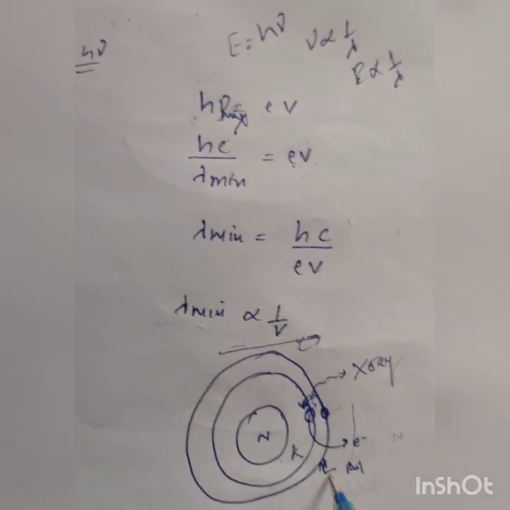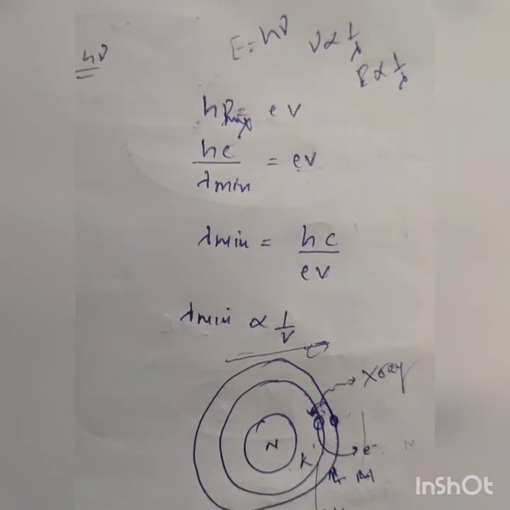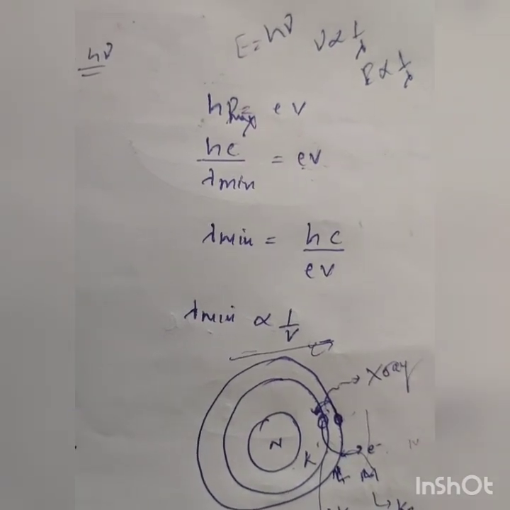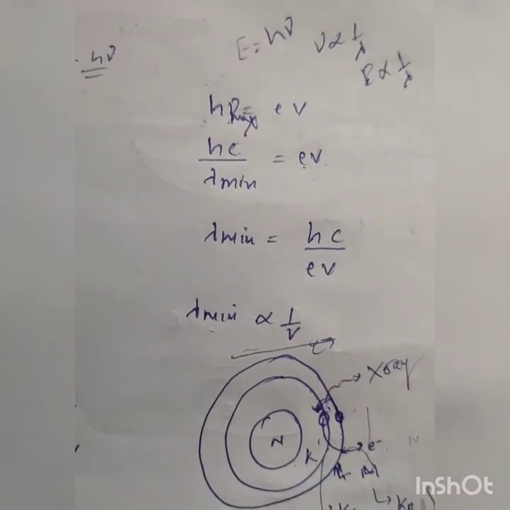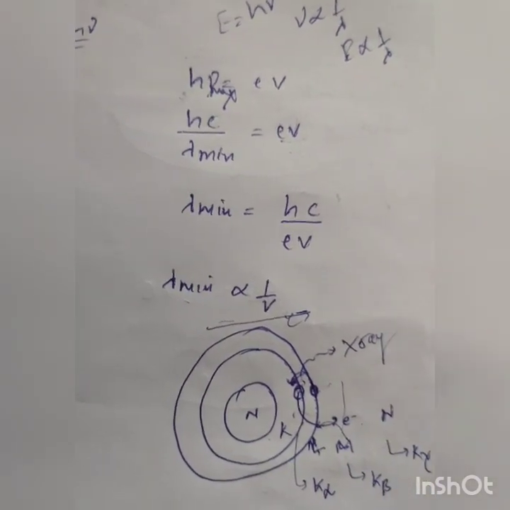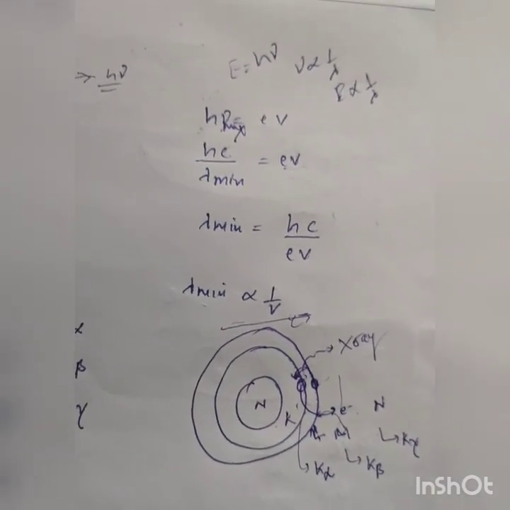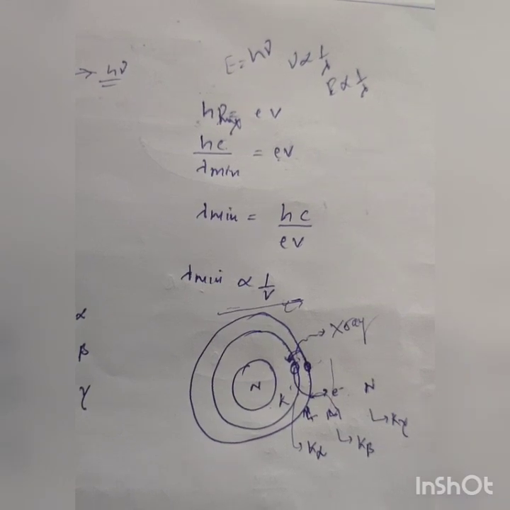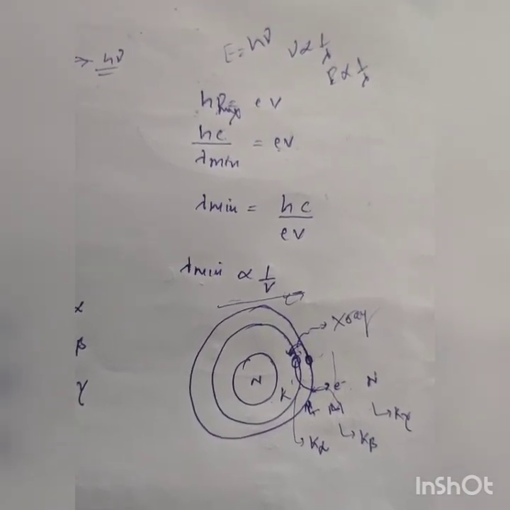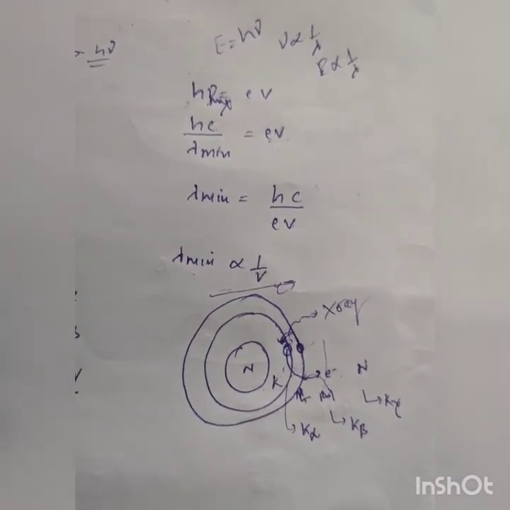When it is filled by an L shell electron, this is called K alpha. When it is filled by an M shell electron, it is called K beta. When it is filled by an N shell electron, it is called K gamma, and so on. All these lines form the K series of the characteristic X-ray of the target, named K alpha, K beta and K gamma.